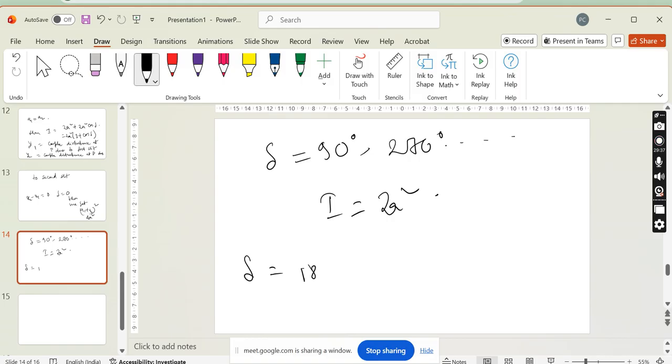When delta is equal to 180 degree, then, not 720, it is 540 degree, then I is basically 0.